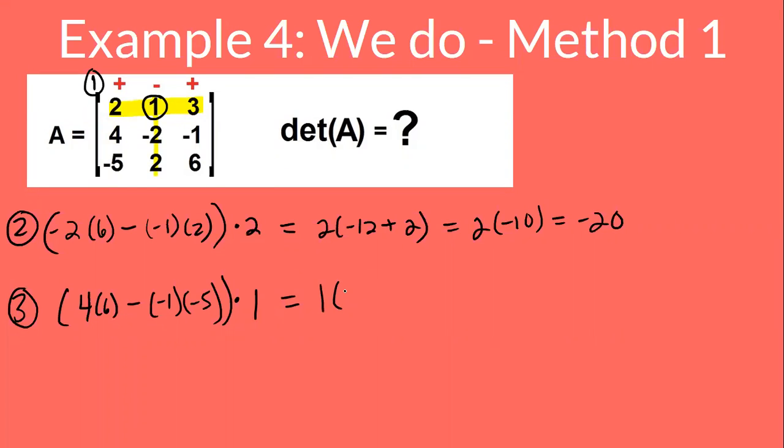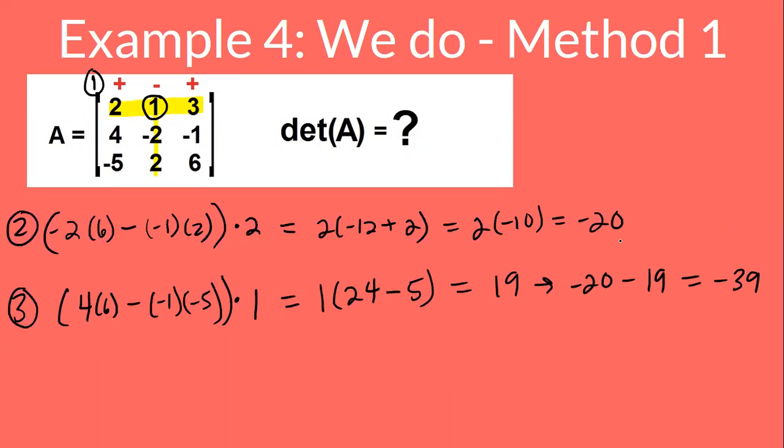So 1 times 24 minus 5 equals 19. So this leads to -20 minus 19 equals -39.